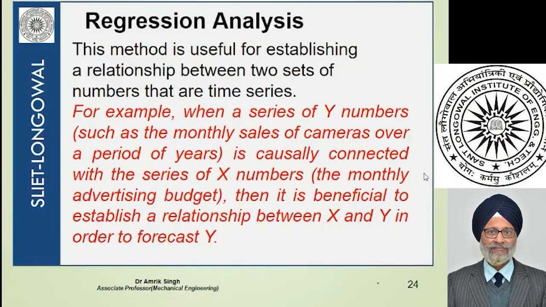So it is beneficial to establish a relationship between X and Y in order to forecast. We try to find whether a relationship is there. That means a correlation is there, and regression will tell how much closeness is there. Regression and correlation are two different words.